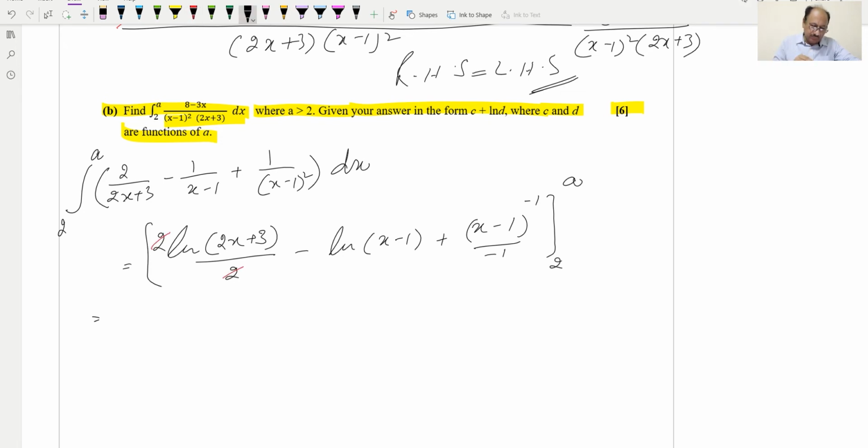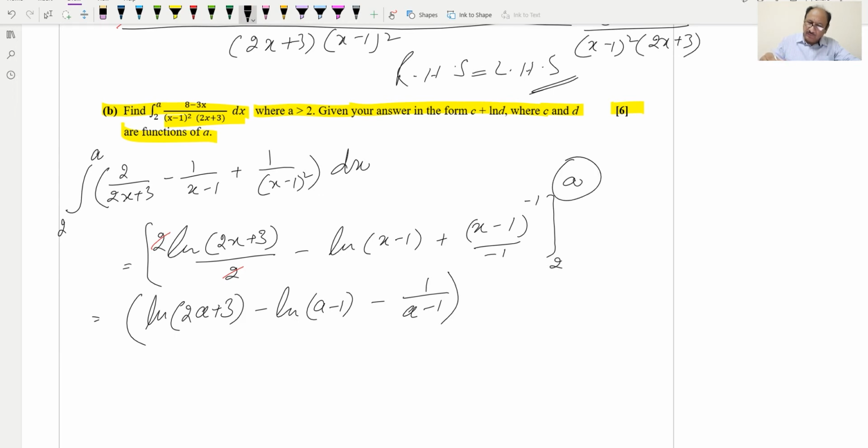Next, when we replace the upper limit, it will be log of 2a plus 3, when we are replacing with the upper limit, which is a. So this will be minus log of a minus 1, and minus 1 I'm writing here, and this will be 1 over a minus 1. This is the first term, which we put in brackets, which is basically when replacing a.